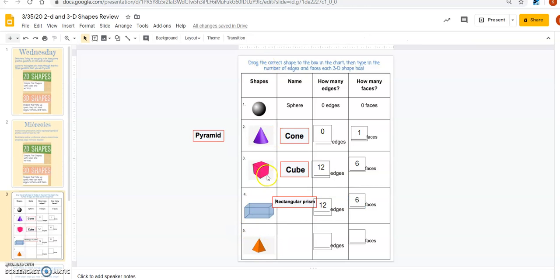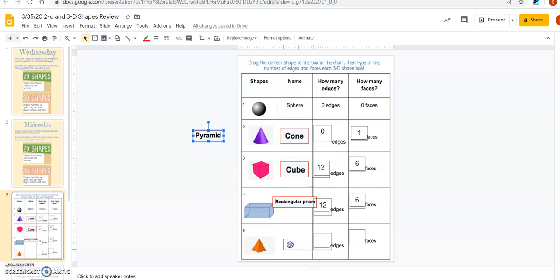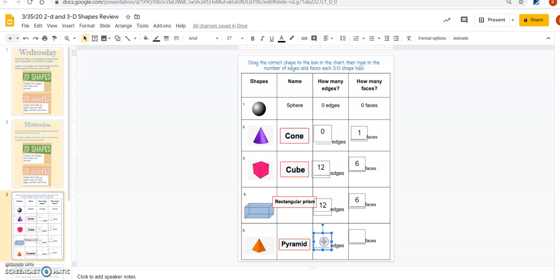My last three-dimensional shape on this chart is a pyramid. Looks very similar to a cone. A cone has a circular base while our pyramid has a square. I'm going to go ahead and drag our word pyramid down to the bottom. And I know that a pyramid has 8 edges.